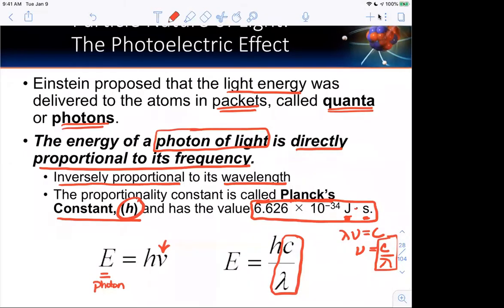Both of these equations are used for different purposes, but if you already know one, all you have to do is remember one of them and you can derive the other one. These equations are used to calculate the energy of one photon of light.